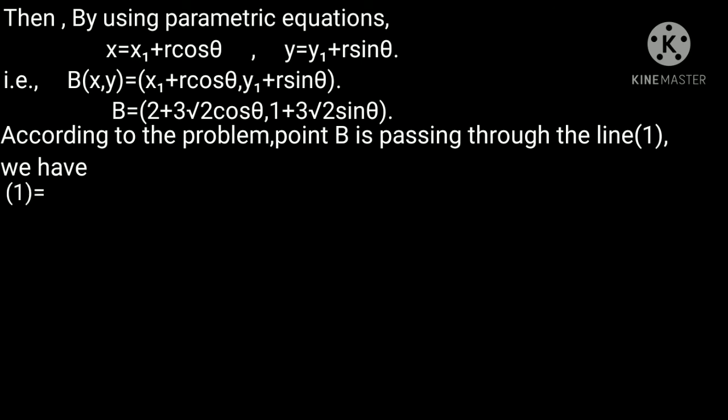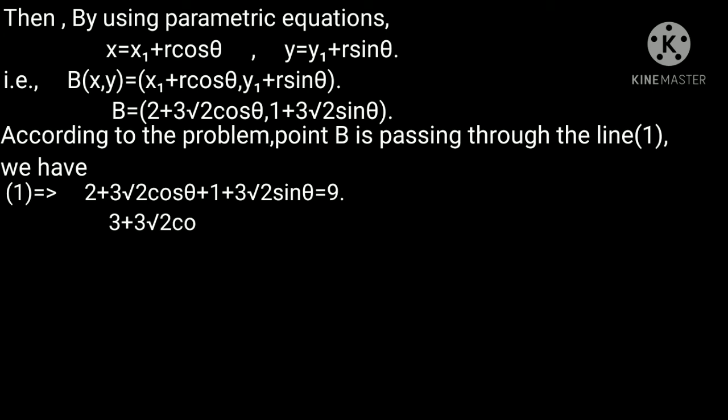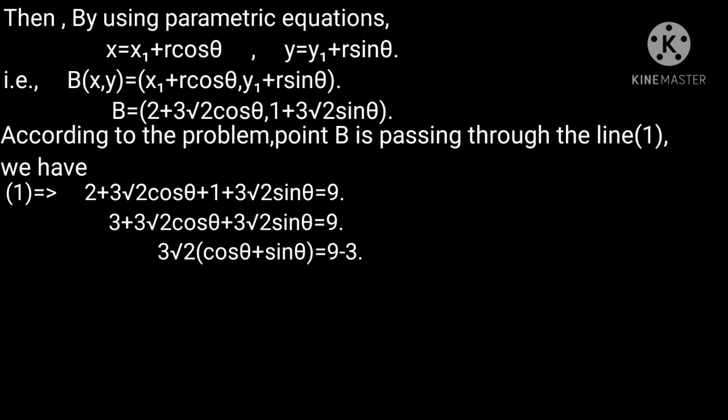That is, equation 1 implies 2 plus 3 root 2 cos theta plus 1 plus 3 root 2 sin theta equal to 9. After calculation, 3 plus 3 root 2 cos theta plus 3 root 2 sin theta equal to 9. Again, taking 3 root 2 common, 3 root 2 into (cos theta plus sin theta) equal to 9 minus 3.